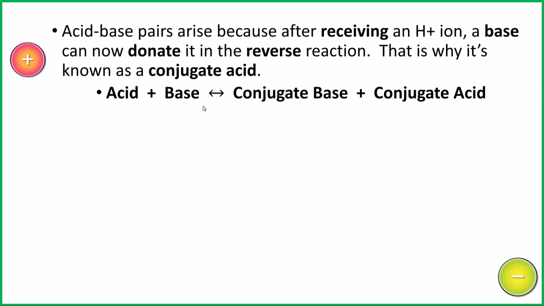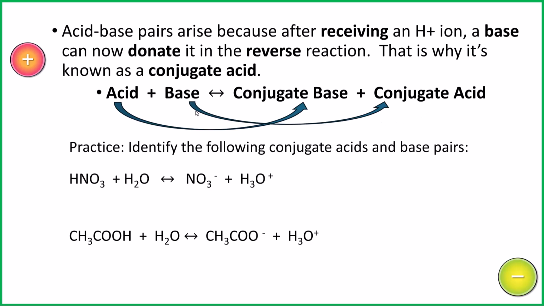So generally your reaction will look like an acid plus a base yields a conjugate base and a conjugate acid, with our acid and conjugate base being a conjugate pair, and the base and the conjugate acid being a conjugate pair as well, with our double arrow here to represent the fact that this reaction could occur in either direction.